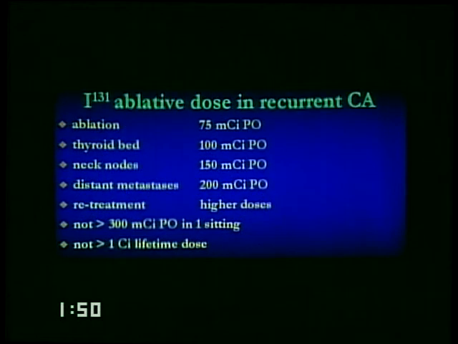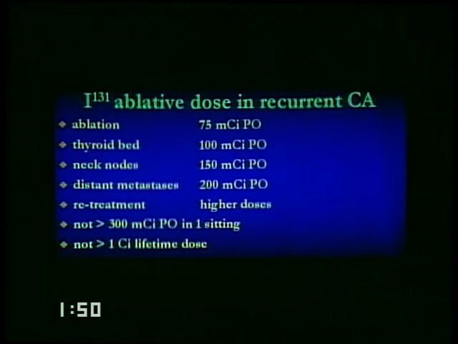Therapy for cancer. To ablate it, that is, after you've done subtotal thyroidectomy or you've removed as much of the thyroid as you can, you want to give an oral dose of 75 millicuries. A week later, you want to evaluate the entire whole body with whole body imaging and make sure that there is no residual uptake.